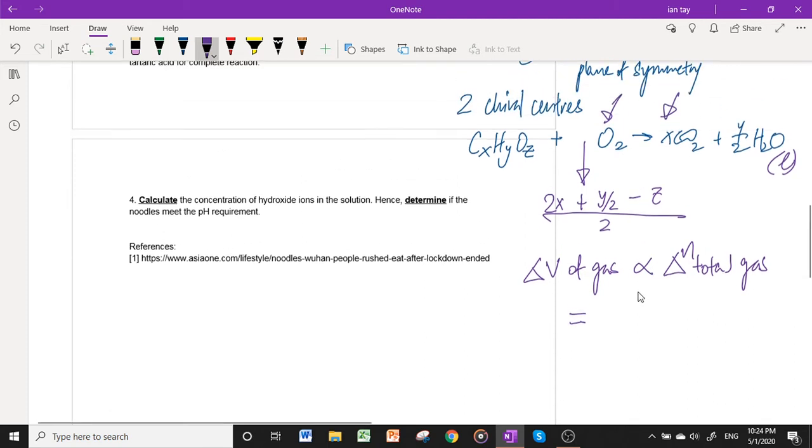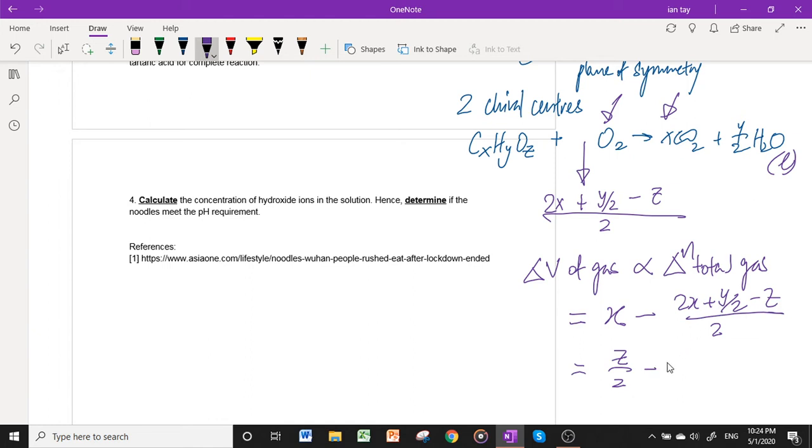So what is the final amount? The final amount is x, minus the initial, so minus (2x + y/2 - z)/2. And what do you get? You get z/2 - y/4. Okay, so y/4 moles.